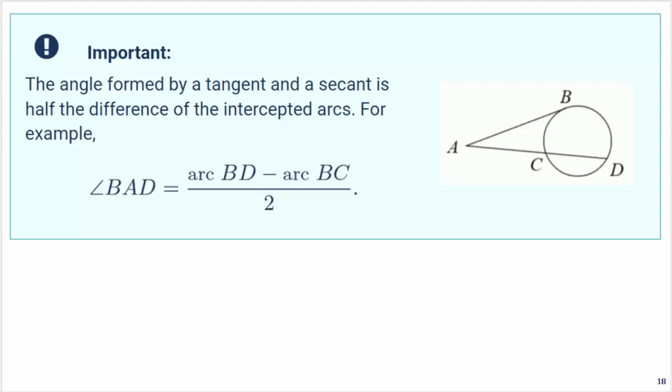Unsurprisingly, the angle formed by a tangent and a secant has the same relationship to the arcs the angle intercepts as the angle formed by two secants does, right? Any questions? Okay, let me know if you finish, alright?